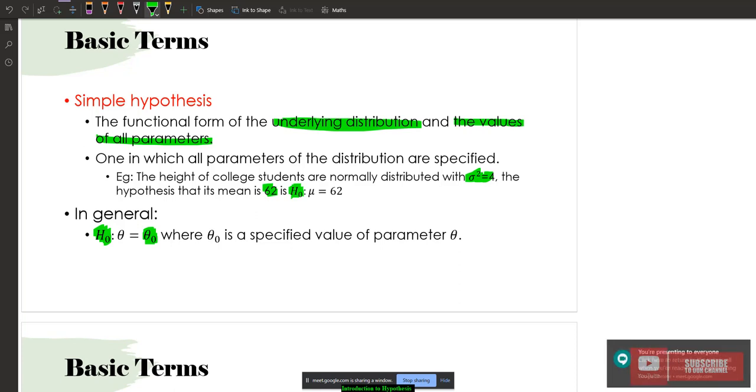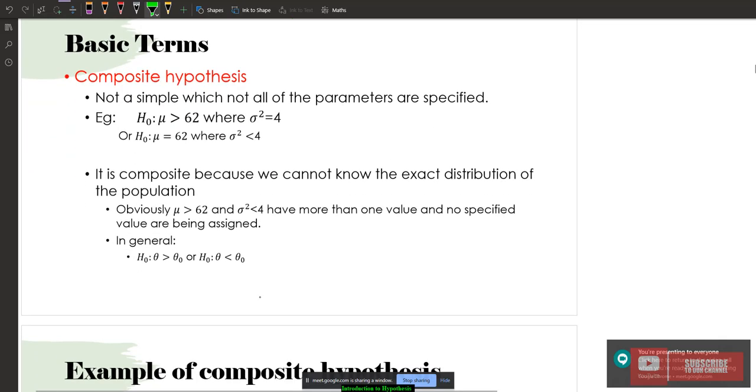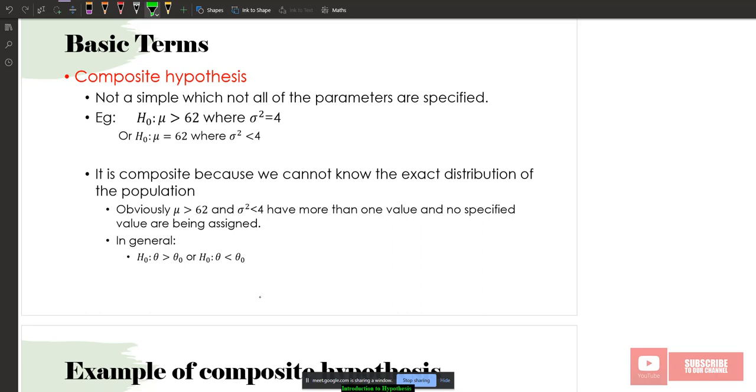In other terms, a composite hypothesis is not a simple hypothesis; it does not have a specified value for the parameter. For example, if you look at this one, H null: mu is more than 62, where the variance equal to 4.